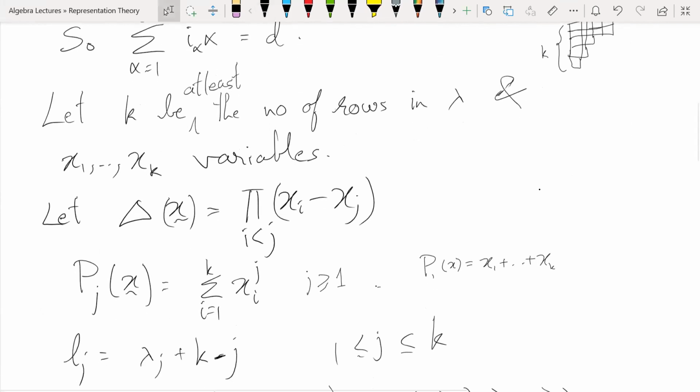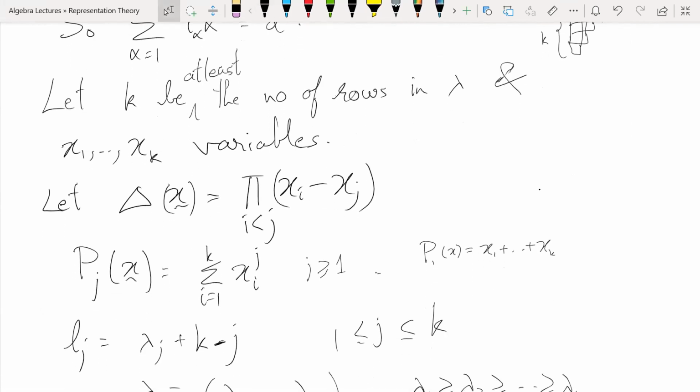And the Lj are some positive integers. Lj is lambda j plus k minus j. So L1 is lambda 1 plus k minus 1, L2 is lambda 2 plus k minus 2, and so on.